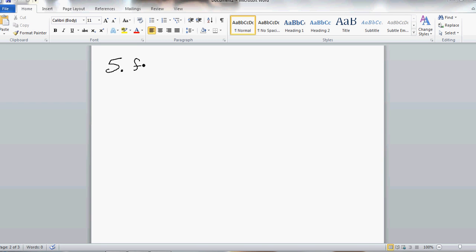Number 5, we're told f of x is equal to the square root of 115 minus 5x. X sub 0 is equal to 3, and epsilon is 0.5.